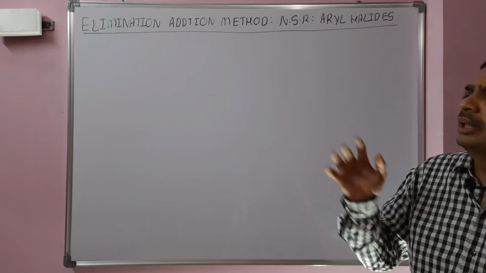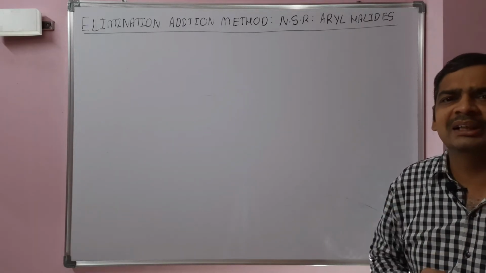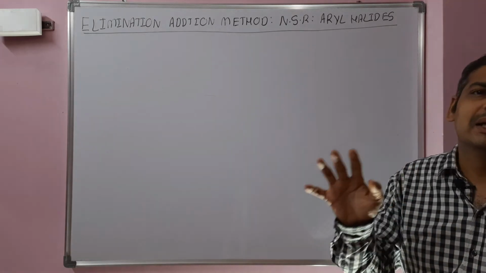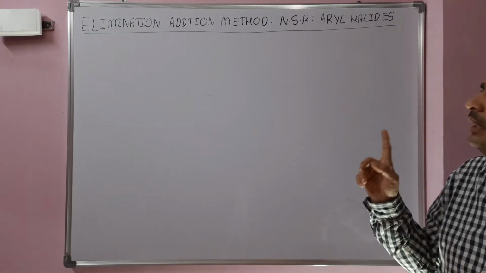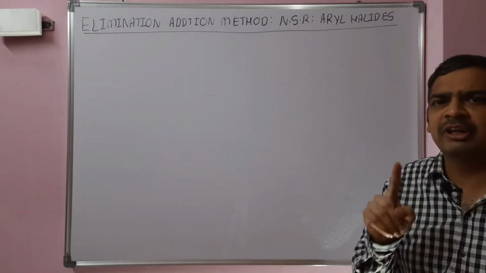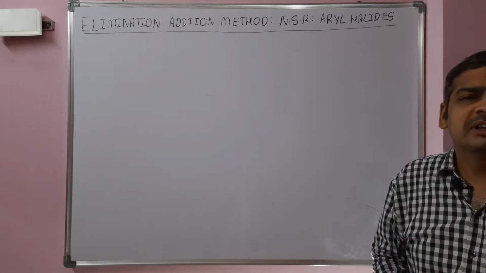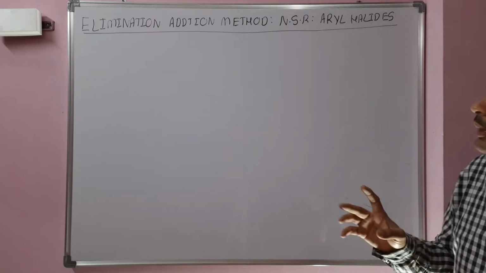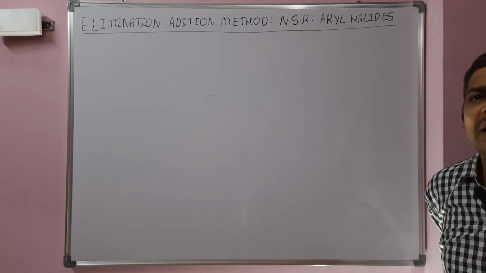All of this follows the addition-elimination mechanism. Sodium hydroxide is the base, and the electron withdrawing group is present at the ortho or para position. So we already completed the addition-elimination mechanism, which is one of the mechanisms for nucleophilic substitution reactions on aryl halides. Today, the elimination-addition mechanism.